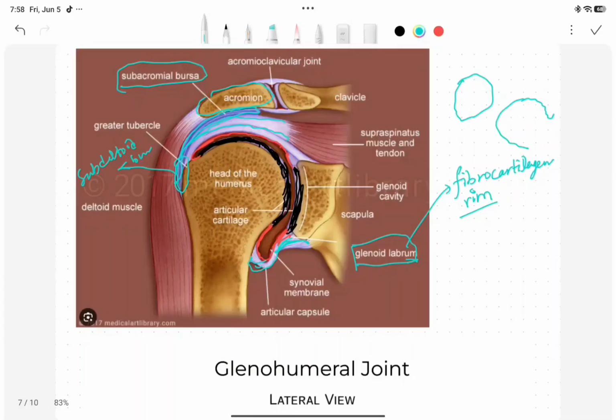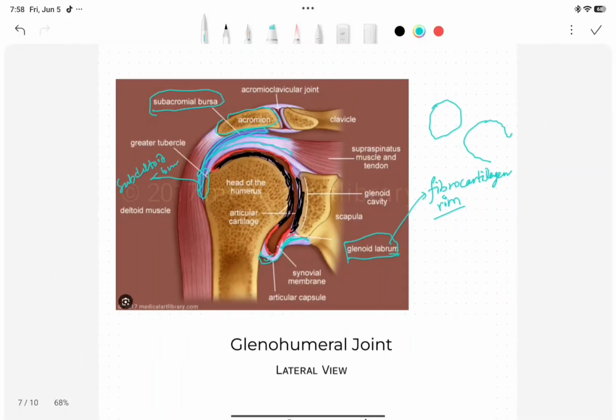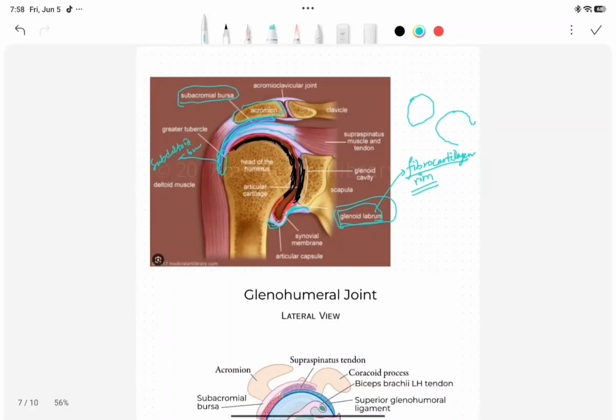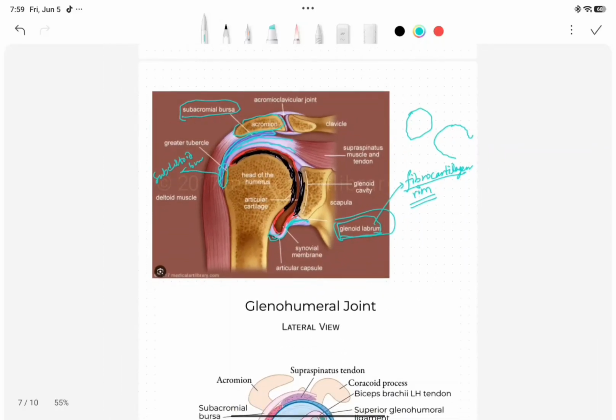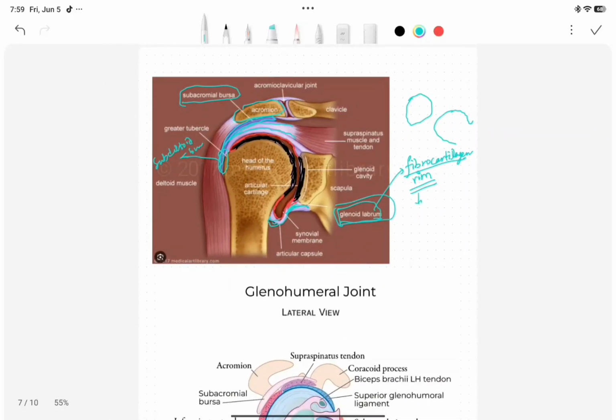So for proper articulation, the glenoid labrum deepens the glenoid cavity, forming a proper ball and socket type of synovial joint. That also helps to stabilize the shoulder joint. So the glenoid labrum deepens the glenoid cavity, like a deep bowl, for proper articulation with the head of humerus.